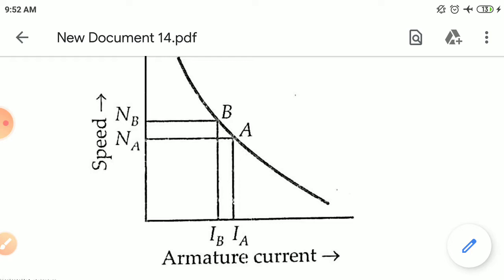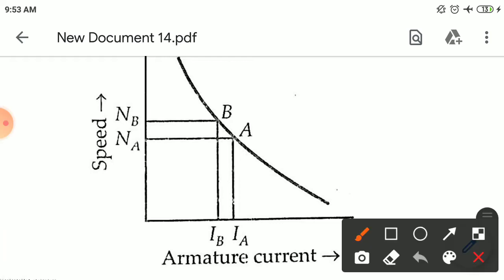So this is the current curve, and this is the speed of motor A and motor B here.